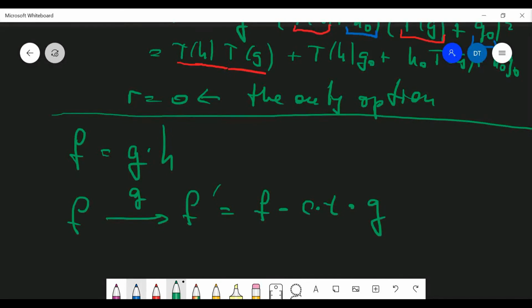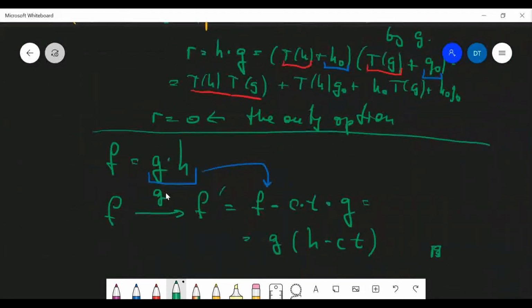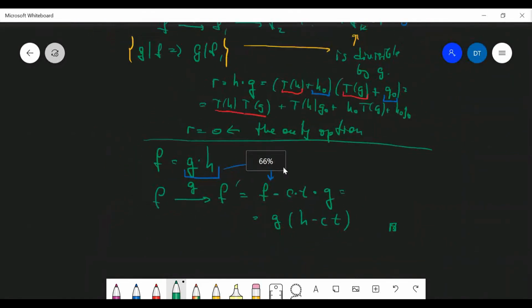But you see, the polynomial f was in this form, so substituting it here, we see that it's represented in a form like this. So f prime is also divisible by g, just by definition. And that's it. So if this is divisible by g and you reduce by g, the result will also be divisible by g. Now the proof should be clear, the whole proof.